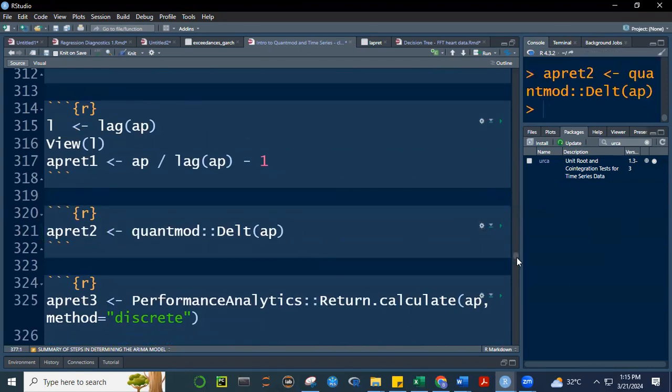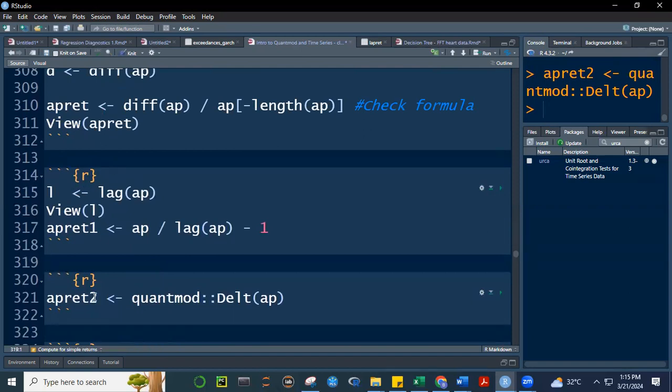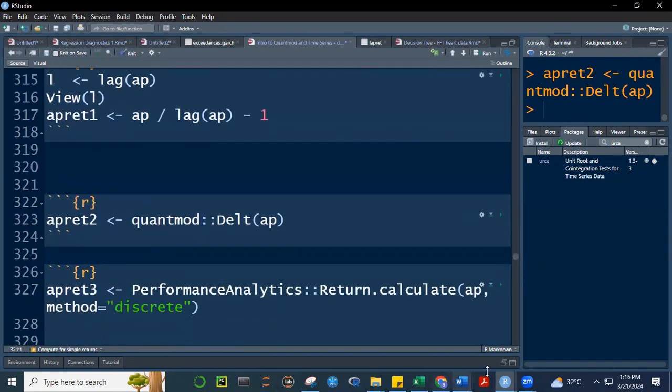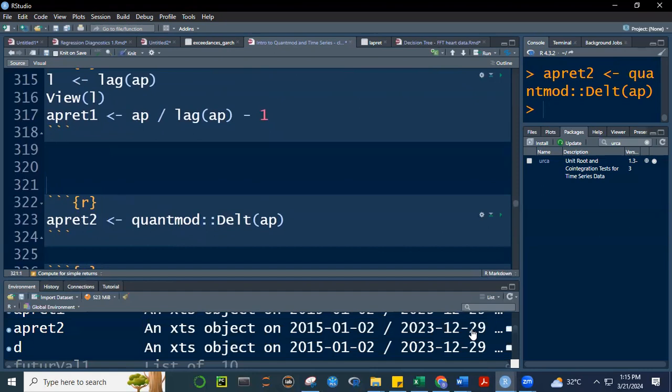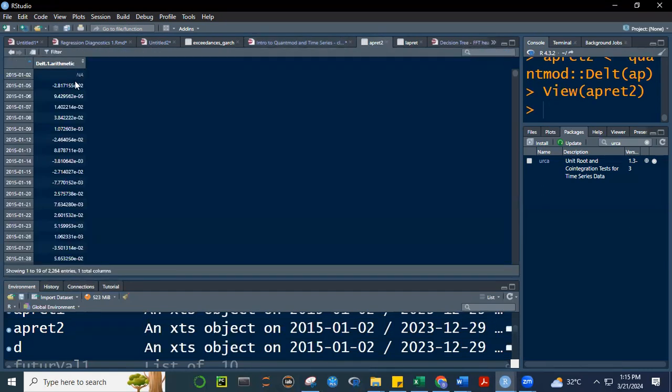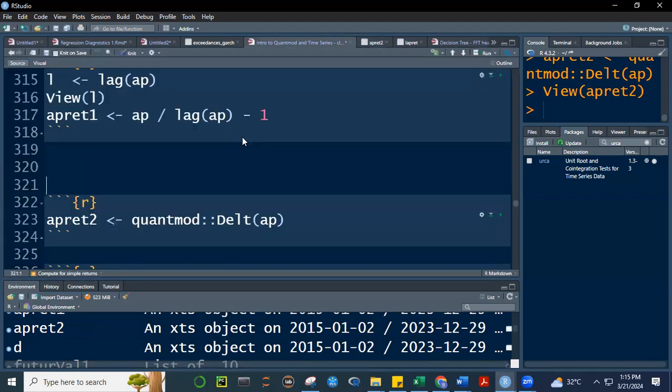So if I run this, and if I look at appret2 here, there will be an NA value here, right? A missing value. So I'm going to put here also na.omit, and then put here TRUE.